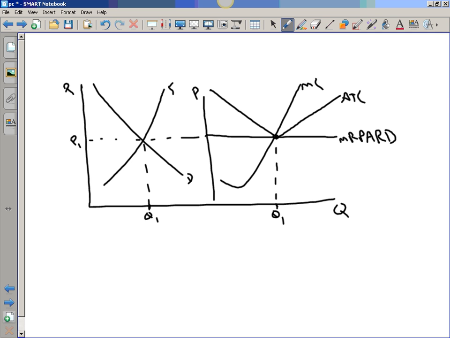In the long run, we always end up here at the minimum of average total cost. We end up at the minimum of average total cost because all of the profits are taken by firms that enter the market, all of the losses are eliminated by firms exiting the market, and we always end up at this equilibrium point where firms are producing at their efficient scale in the long run.